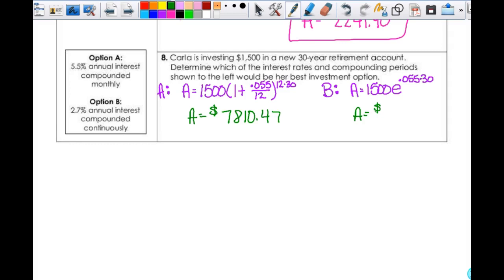Oh, that's okay. So this is the answer you're giving me. Okay, that's fine. But that doesn't go with that, does it? What did you change? Oh, I see what you did now. You did E for both of them, and this one is continuous, and this one is monthly. Okay, that's what it was. I was wondering how you got kind of close, but then not really.